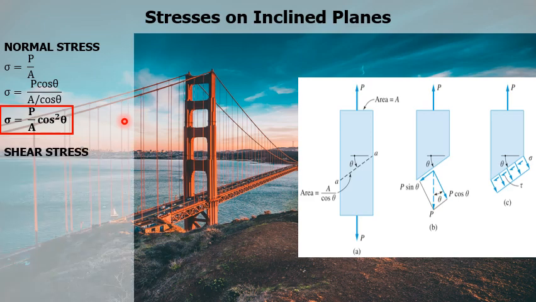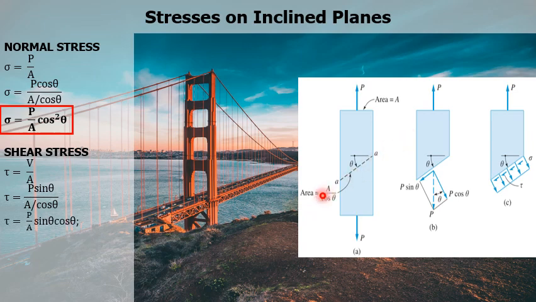Next, we get the shear stress on the inclined plane. The shear stress formula is tau is equal to V over A, wherein V is the shearing force, A is the cross-sectional area being considered. We have tau is equal to P sine theta, which is the parallel or shear force on the inclined plane, over A over cosine theta as the area of the inclined plane.